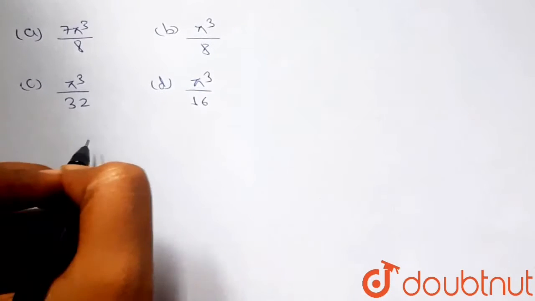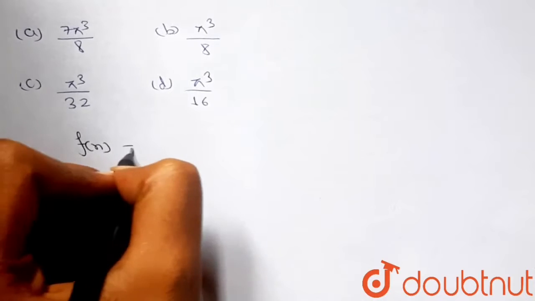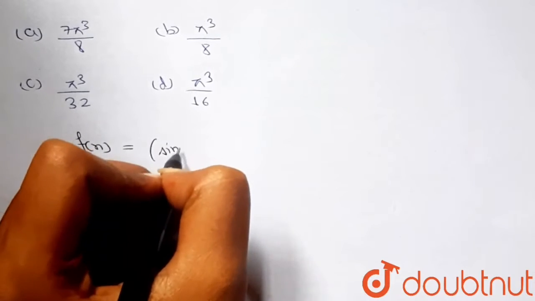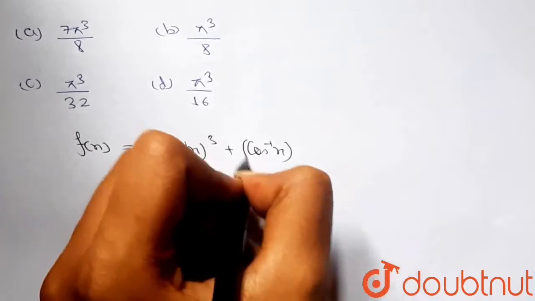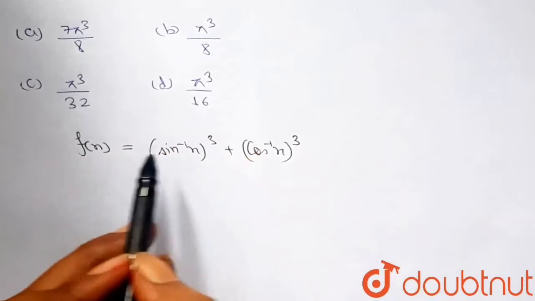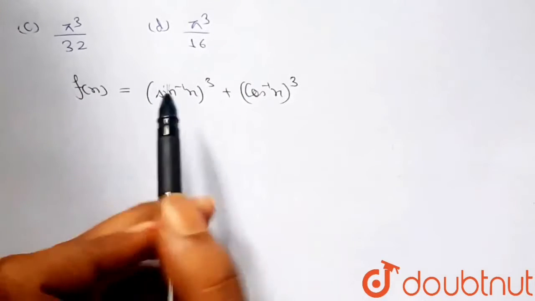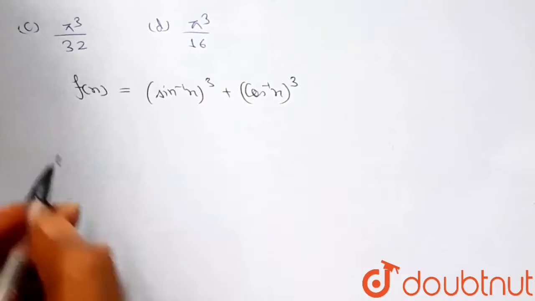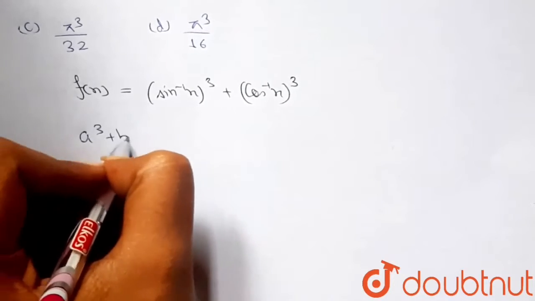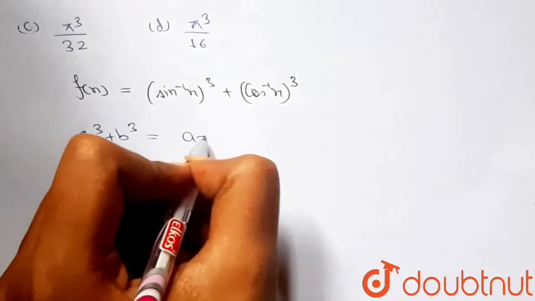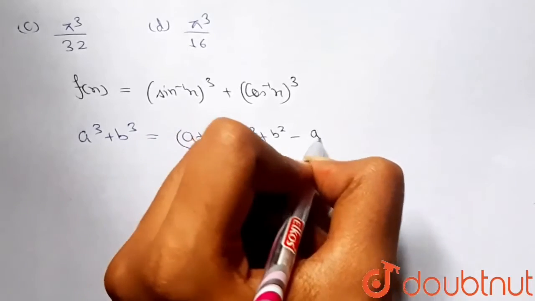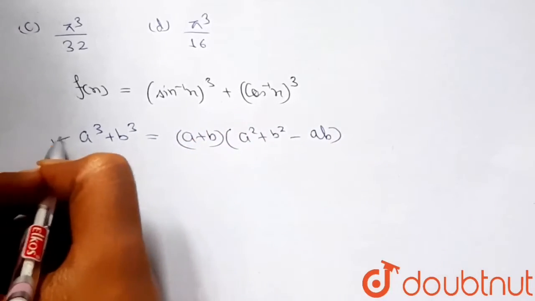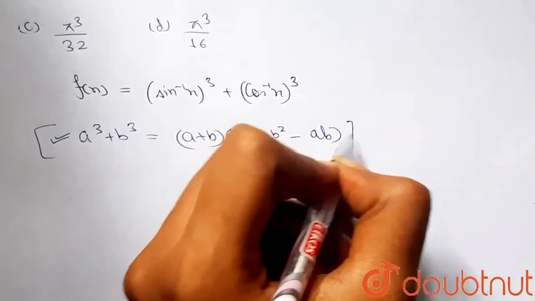Let me write down the given function first, that is f of x equals sin inverse x whole cube plus cos inverse x whole cube, right? So here you can see that we have a cube plus b cube. So a cube plus b cube is actually equal to a plus b in bracket a square plus b square minus ab, right? So we will use this identity here.